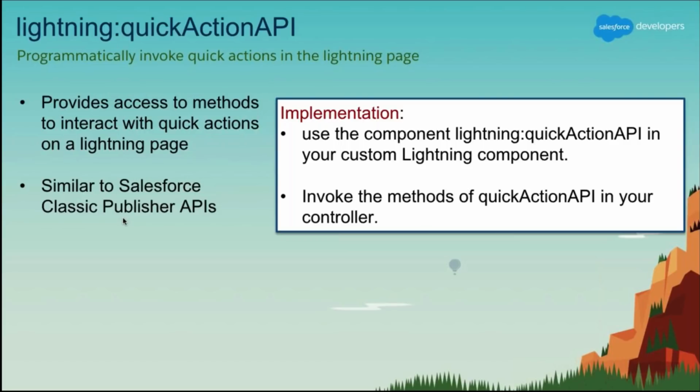But now we can also do it with Lightning Pages. Now we can invoke quick actions in Lightning Pages by using our new API component called Quick Action API. And one more important thing here is that your older APIs will also work. Whatever you use with your Publisher API in Salesforce Classic still works, and you get a new Quick Action API here, which works in the Lightning framework.